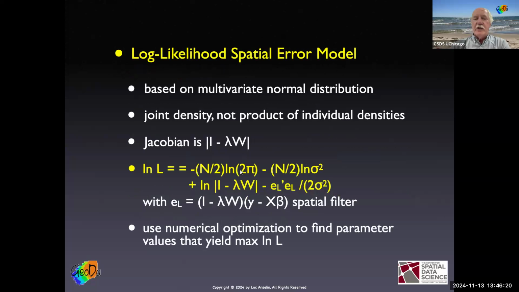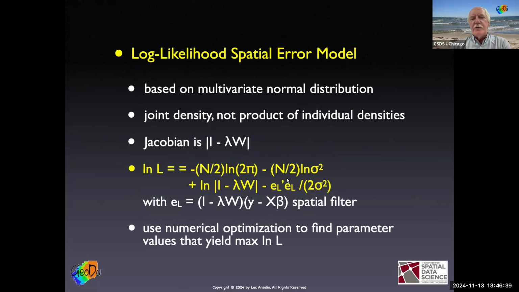As I said, I'm going to go through this fairly quickly. It's based on a multivariate normal distribution. Again, it's the joint density, not the product or the sum of the logs. We have our friend the Jacobian again, now with lambda.